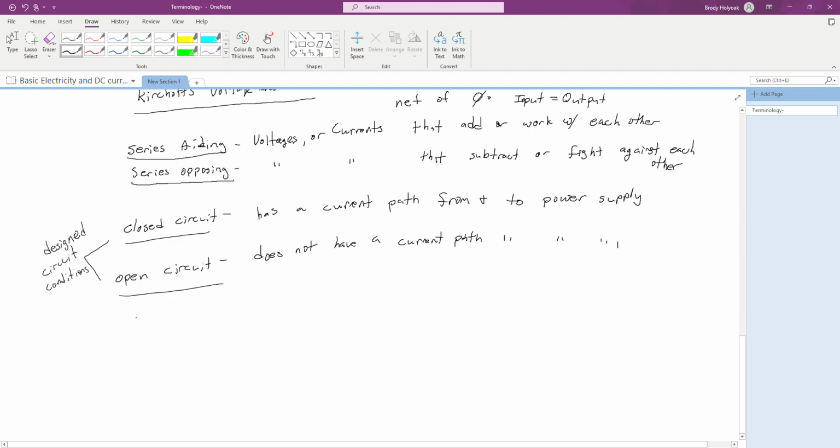Versus a short and an open. These two are failures.